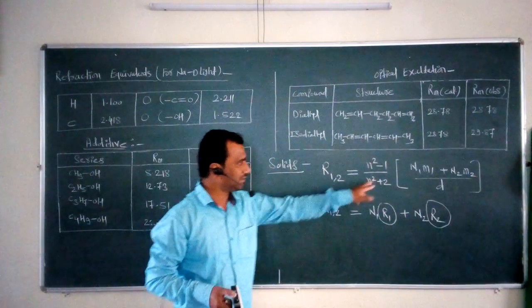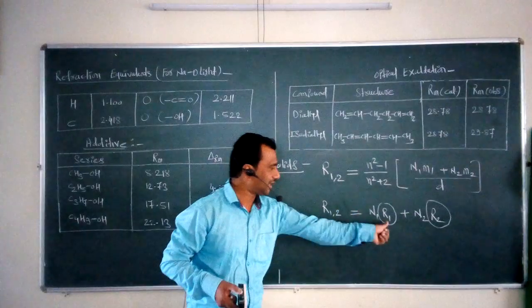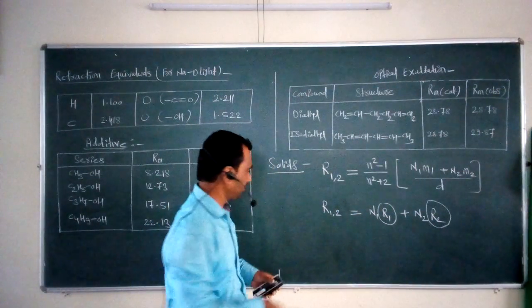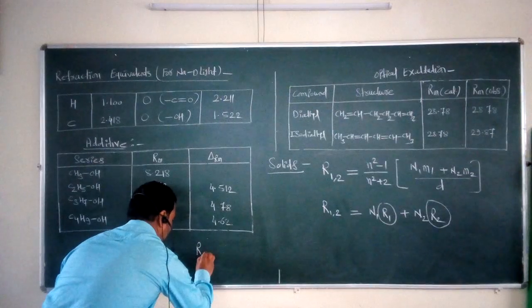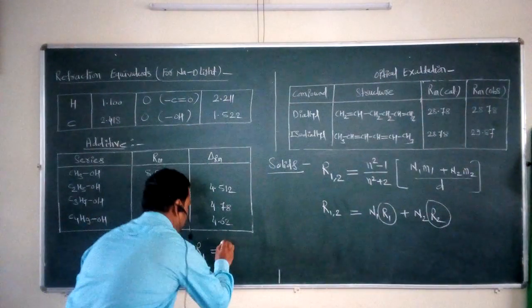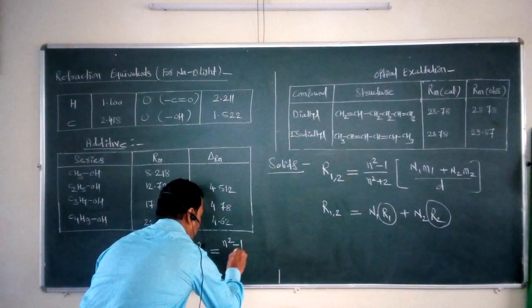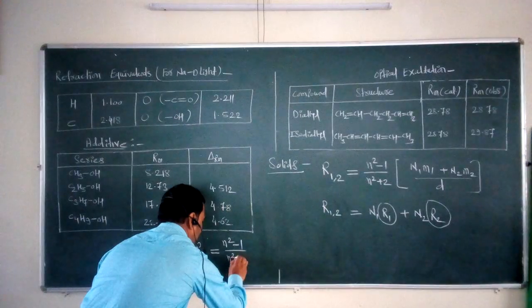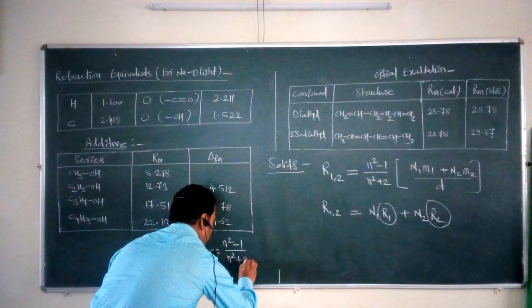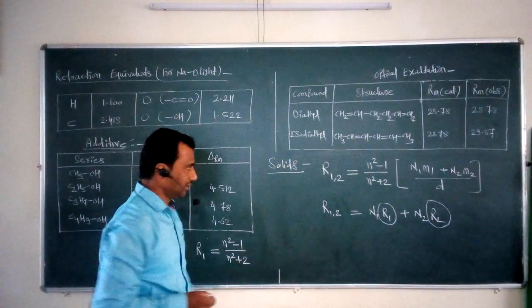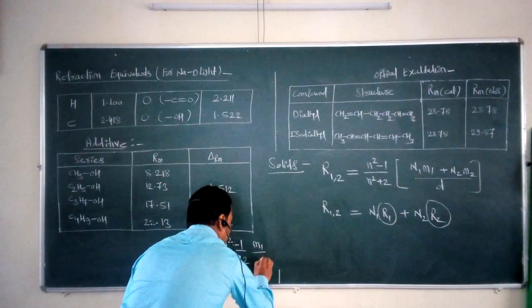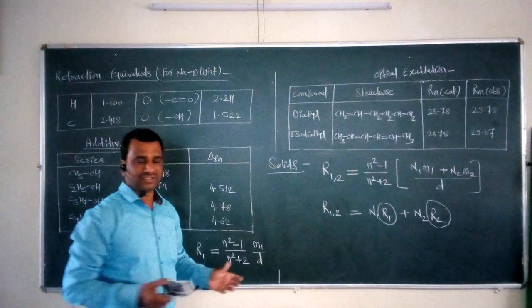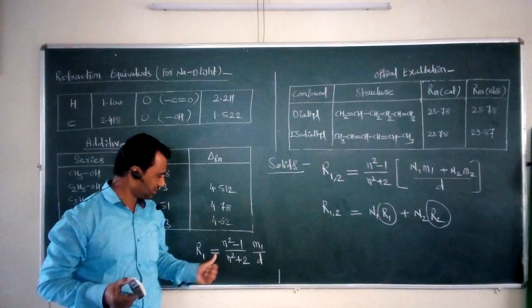What is the value of this R1 from the above equation? We may write R1 is equal to n square minus 1 upon n square plus 2 into M1 divided by D. So this is the value of R1 from equation number one.